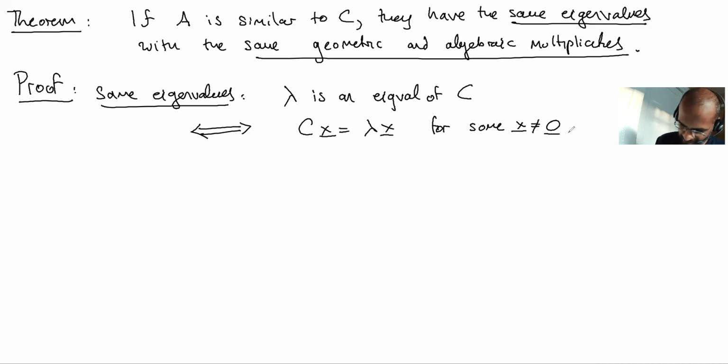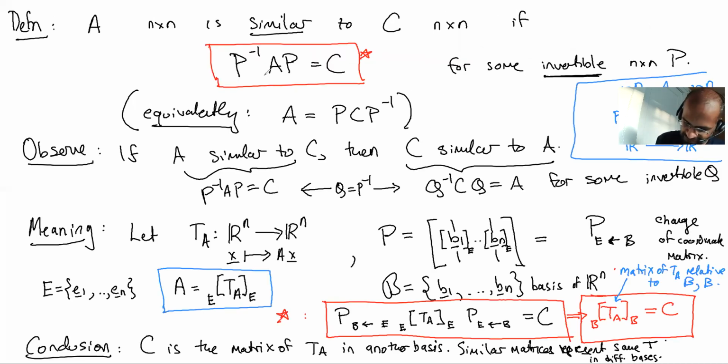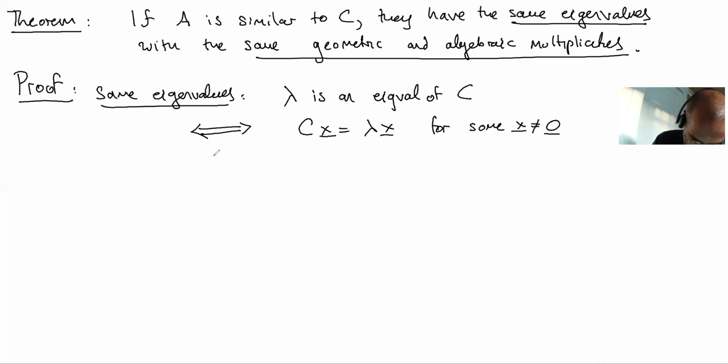But now let's look at the similarity equation, P inverse AP equals C. So this is true if and only if P inverse APx equals lambda x for some x.